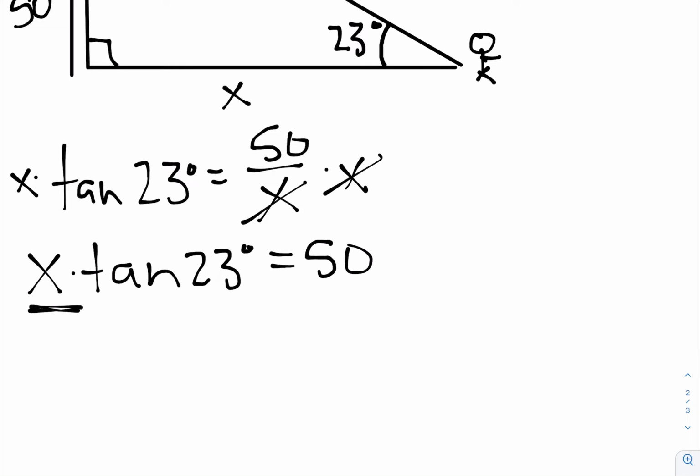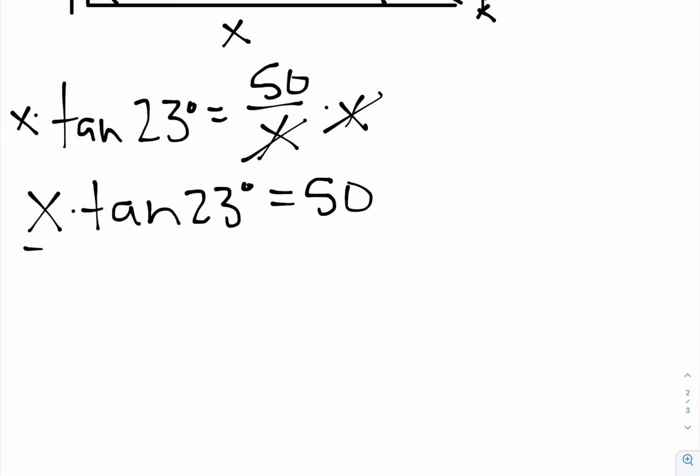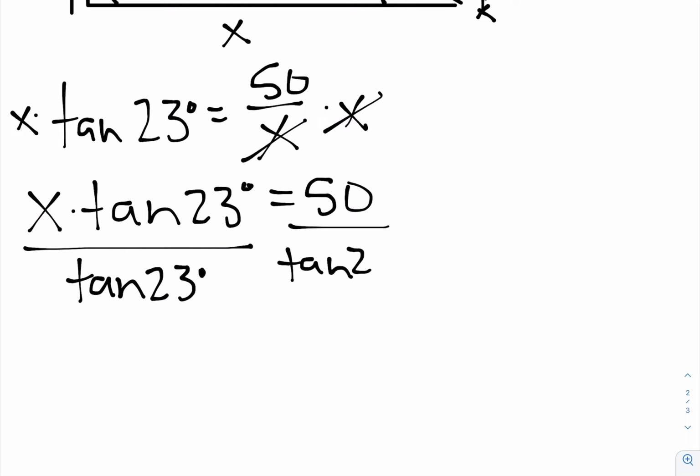But we still just want x to be solved for. We don't want x tan 23. So right now the x and the tan 23, they're multiplying into each other. We don't want the tan 23 to be there, so if they're multiplying and we want to undo that multiplication, we're going to do the opposite of multiplying and divide by tan 23.